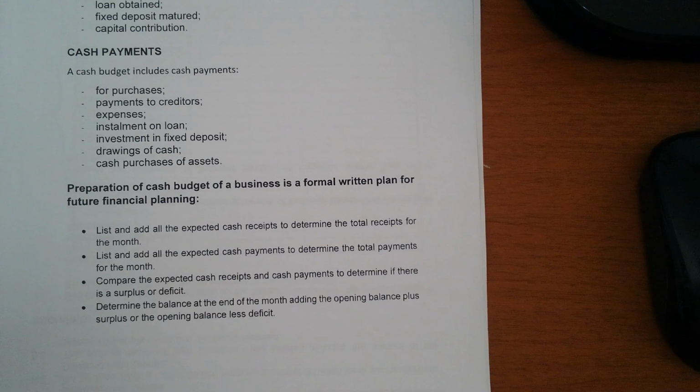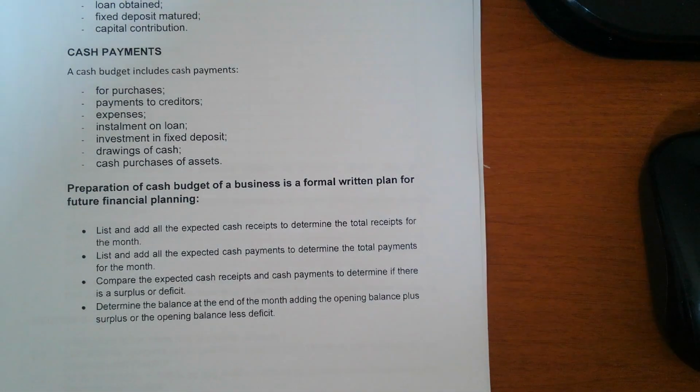You can pay your creditors, or you can pay a loan installment, any expenses that you pay, the actual amount that you pay. So if you pay more, you will show the increased amount. If you pay less, you will show the reduced amount that you paid. When you want to invest more money in a fixed deposit, when the owner takes cash for himself.